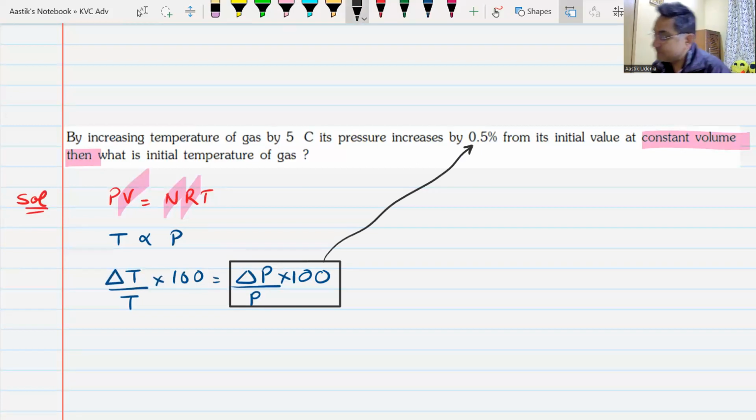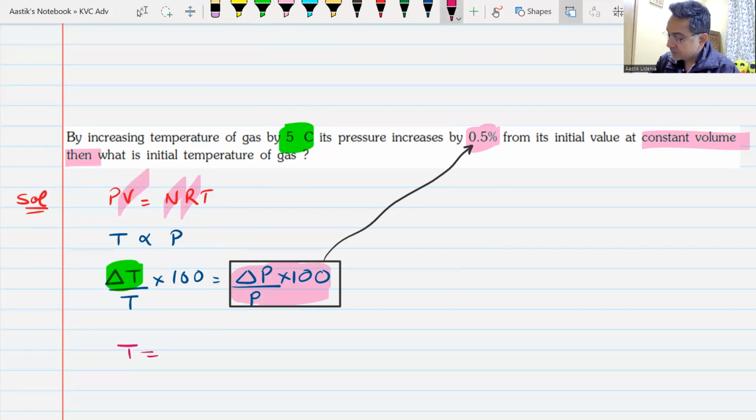Yes or no? The change in temperature is given as 5 degrees Celsius. So from there, I can find out the value of T. And the value of T that you are going to get, I think, is coming as 1000 Kelvin.